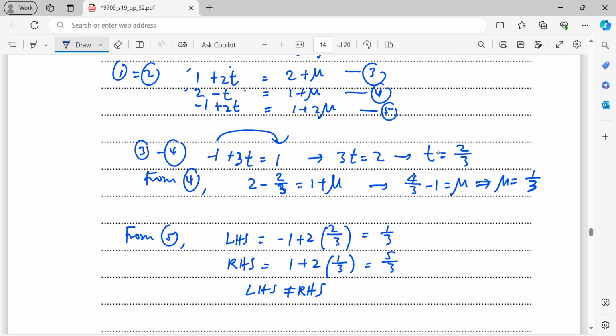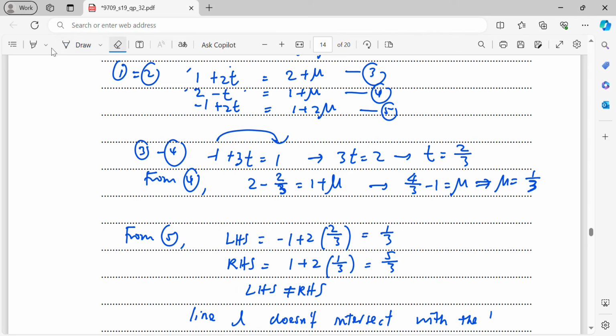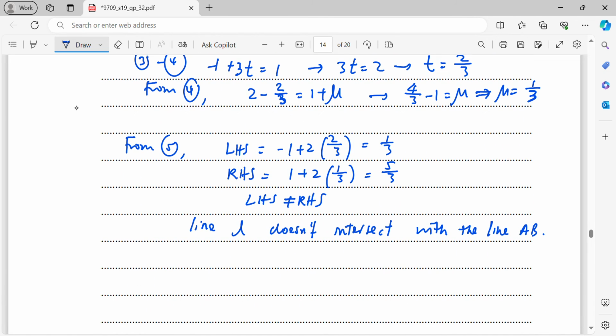So when you are not getting the same value, line L does not intersect with the line AB. Okay, so we have shown this.